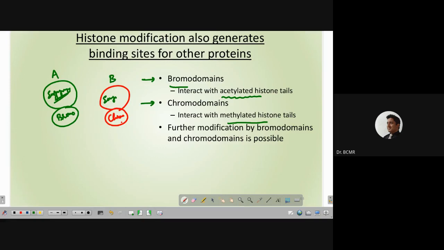It can go and bind to histone tails that have an acetyl group. And then it binds using the bromodomain, it binds here and performs an activity. It could be activation of transcription and so on. If it were chromodomain, it will bind to methylated regions, and the chromodomain will bind here, and the enzyme part will carry out a function to it. So the domains that recognize acetylated histone tails are called bromodomains, and the domains that recognize methylated histone tails are called chromodomains.